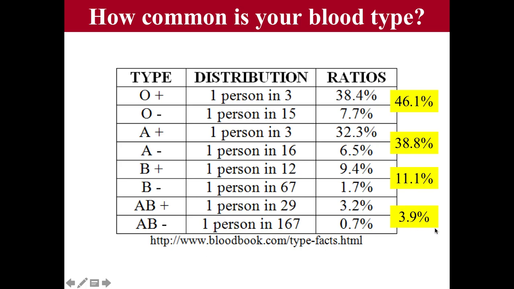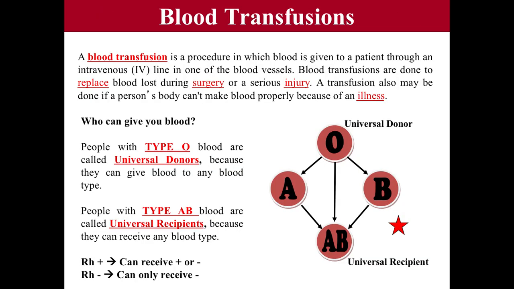Some of you may actually know your blood type. If you've ever donated blood before, you might have received that information. One of the big things to know about blood types, and you might have learned about this if you took anatomy and physiology, is blood transfusions.